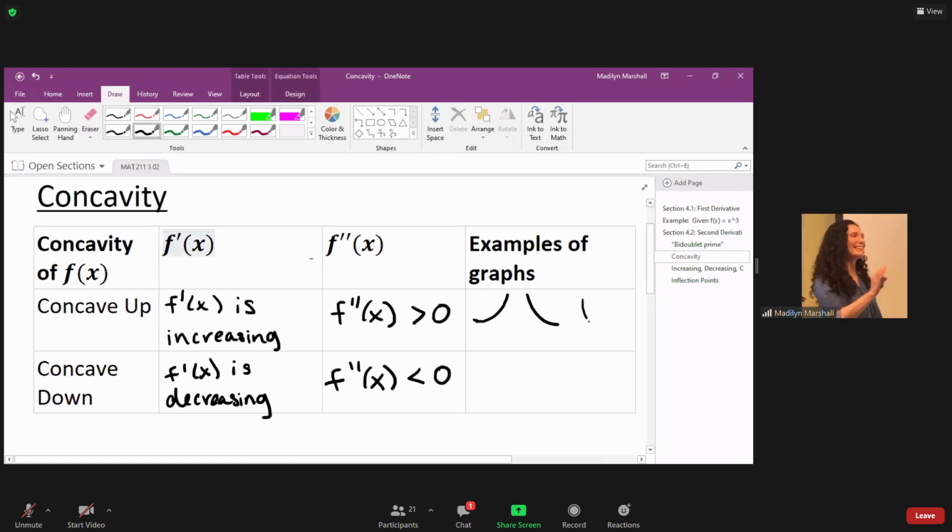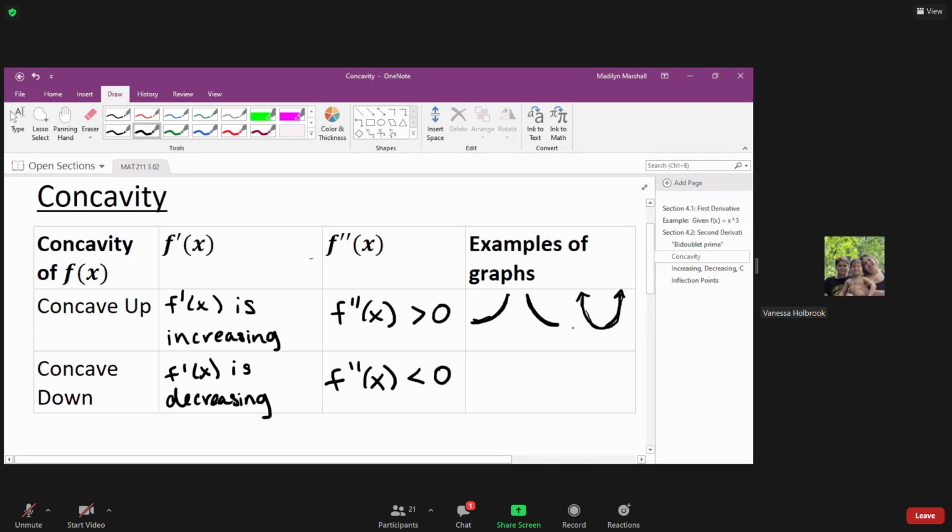A parabola is fully concave up because the whole time it's curving upward, but we might just have pieces of graphs that are concave up. If that parabola was upside down, then it would be concave down. Exactly. Yes.